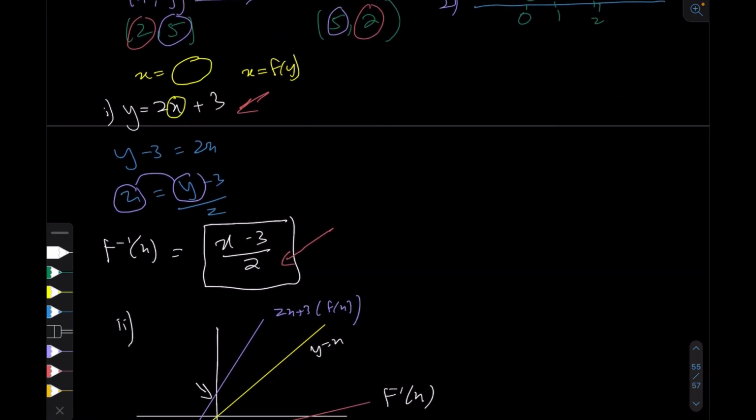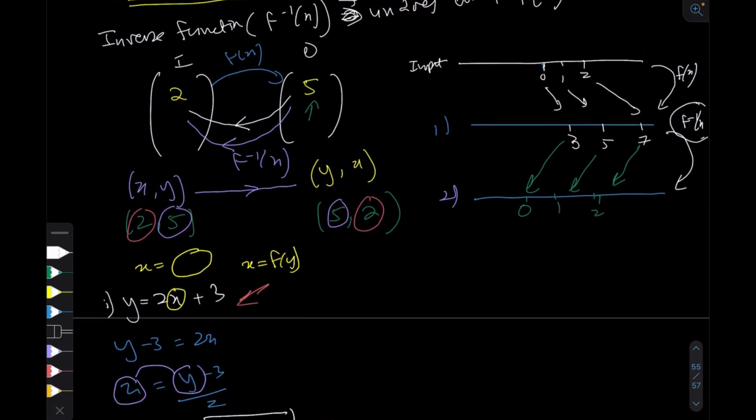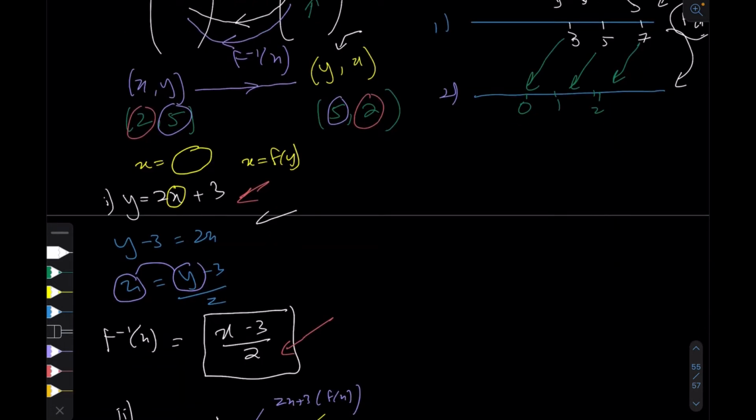First of all, why do we find inverses by making x the subject and then swapping the y's, and why is it that x, y goes to y, x, right? I've actually explained this part already: since you're taking the output and it gives back the input, hence it is y, x. So let's talk about why we take inverses the way we do.